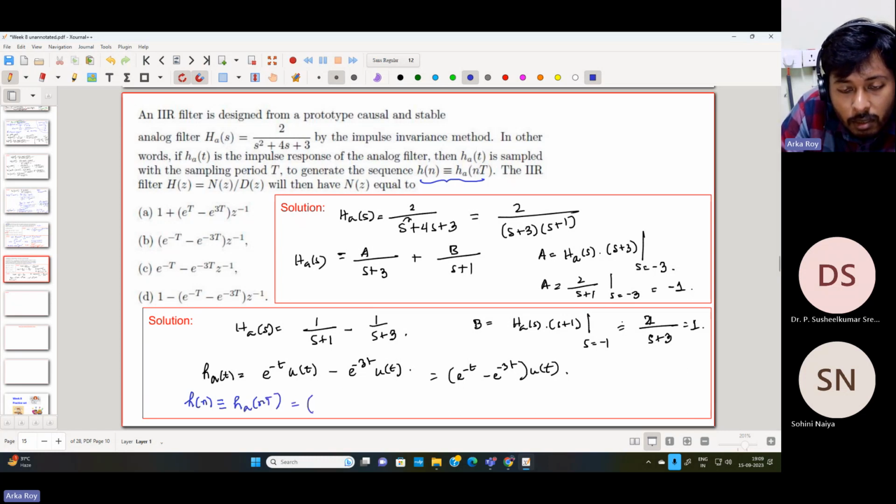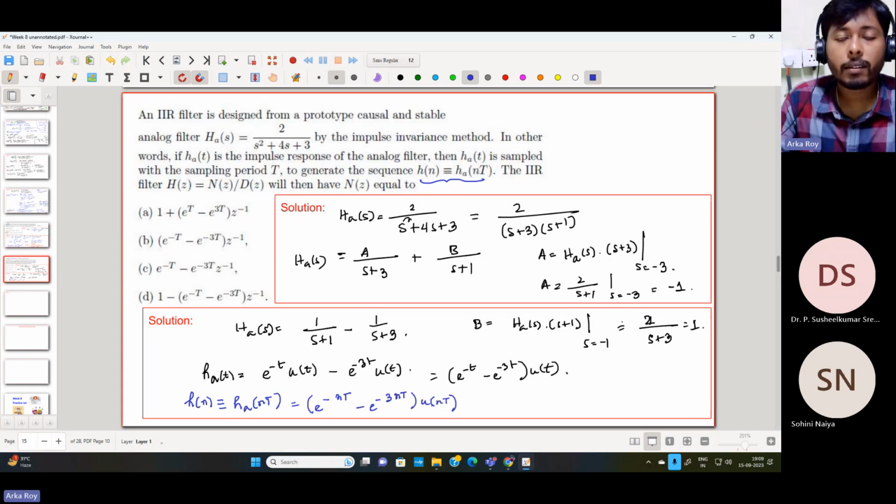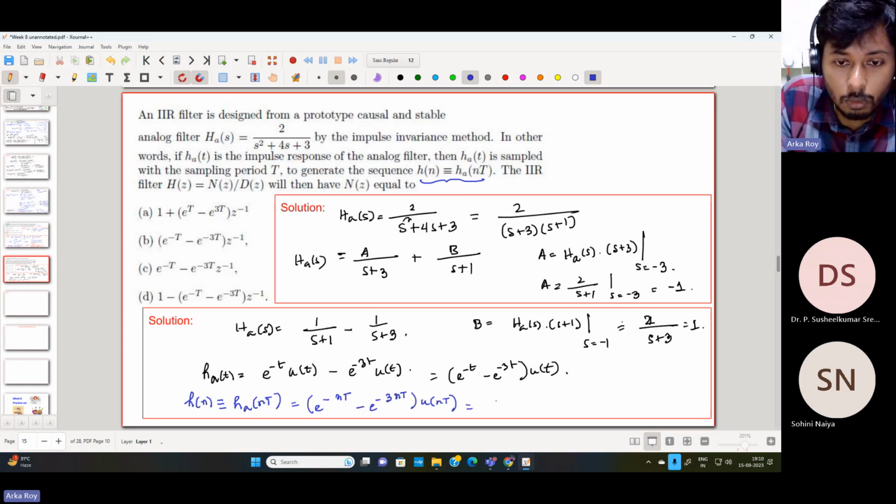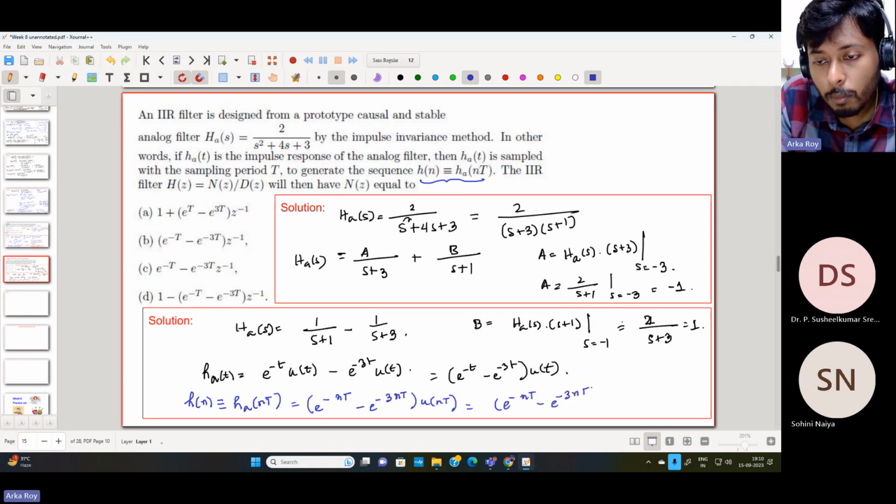Thereby I can replace this e to the power minus t by nT. So e to the power minus nT, and then e to the power minus 3nT, and then u(nT), and u(nT) I can write as u(n). Therefore, e to the power minus nT minus e to the power minus 3nT, multiplied with u(n).